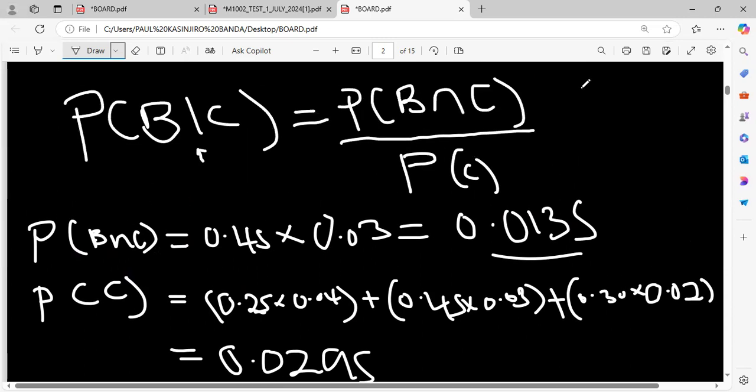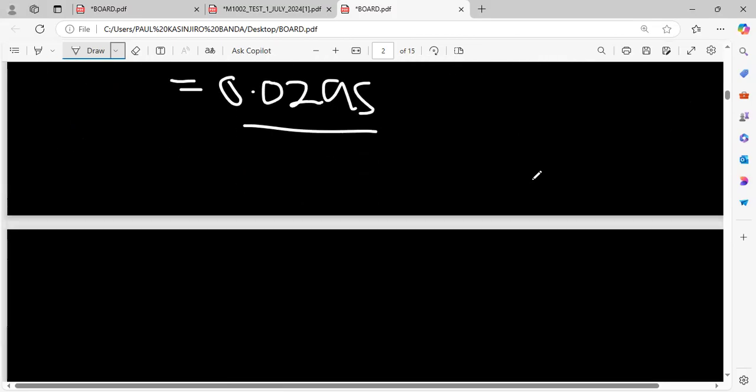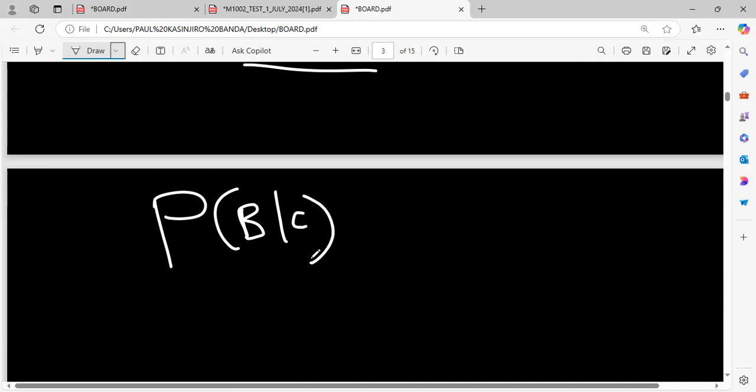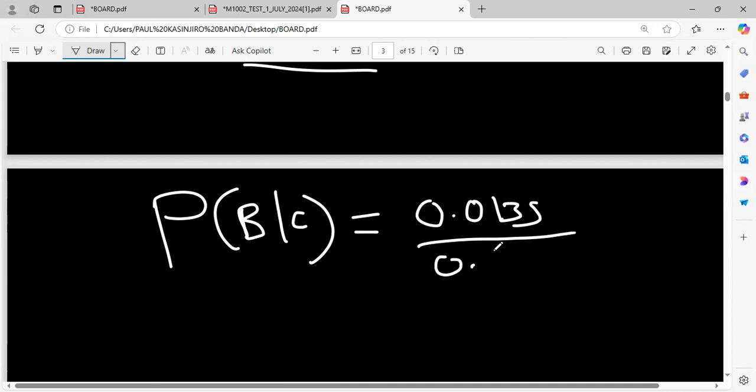Because we found the value of this, we've also found the value of that. The probability of it coming from lab B, given that it is contaminated, will be equal to the probability of B intersection C, which we found to be 0.0135, divided by the probability of it being contaminated, which we found to be 0.0295.